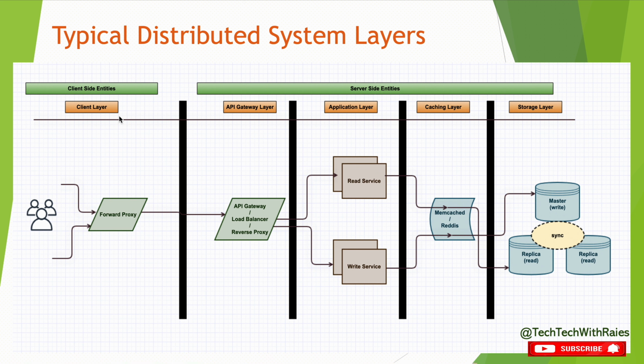Let's talk a little more about each layer. On the client side there is one layer, the client layer. There are only two entities: one is the user, the other is the forward proxy. The user can send requests directly to the server side entities, or it can go via the forward proxy. A forward proxy is a tool or mechanism where all the requests are routed through it.